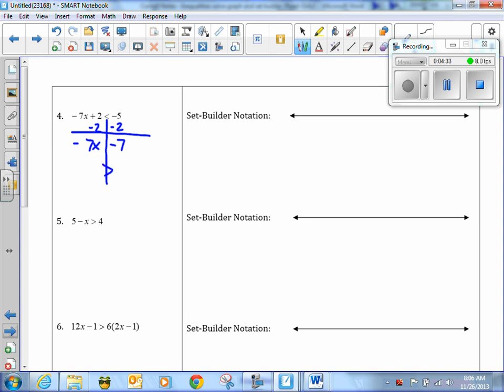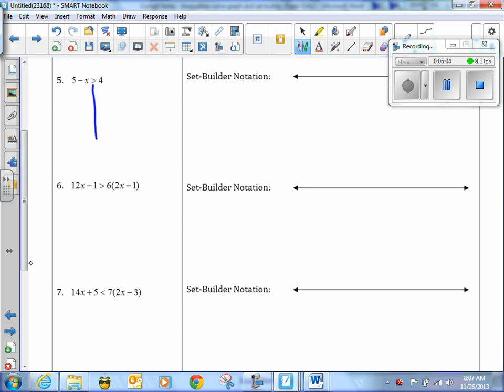So it's going to switch to a greater than symbol. Divide by negative 7, and x is going to be greater than 1. Negative 7 divided by negative 7 is positive 1. So x such that x greater than 1. Here's my 1 going greater than. Done.